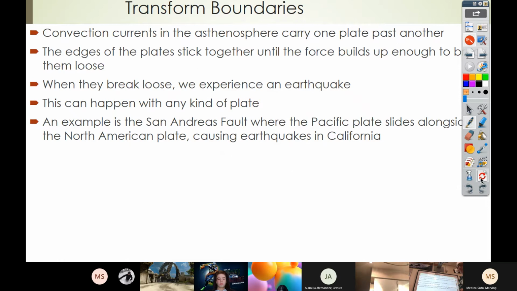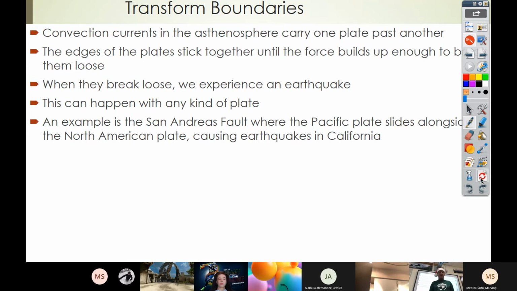Okay, so convection currents in the mantle, once again, in the asthenosphere, these carry one plate past another. They don't bring them together, nor do they tear them apart. They're just sliding along, going in opposite directions. The edges of the plates stick together until the force builds up enough to break them loose. When they break loose, we experience an earthquake.